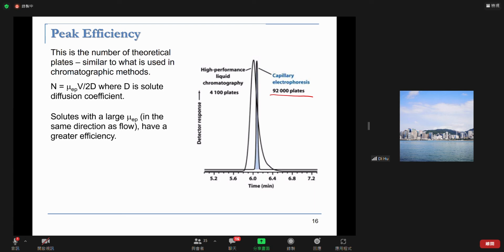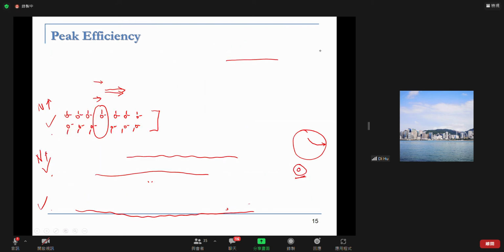And the N number is equal to mu_ep times voltage divided by 2D. That's why, because resolution, we know that, is related to N, right?